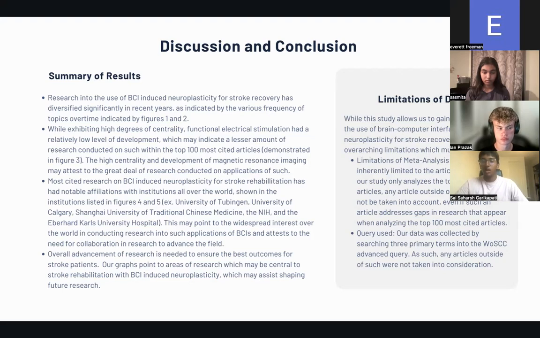As our study only analyzes the top 100 most cited articles, any article outside the top 100 will not be taken into account, even if such an article addresses gaps in research that appear when analyzing the top 100 most cited articles. Query used. Our data was collected by searching the 3 primary terms into a Web of Science Core Collection advanced query. As such, any articles outside of such were not taken into consideration.